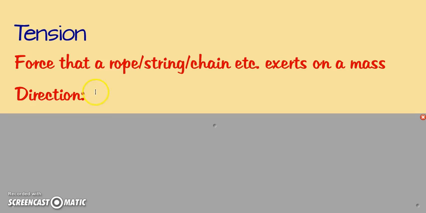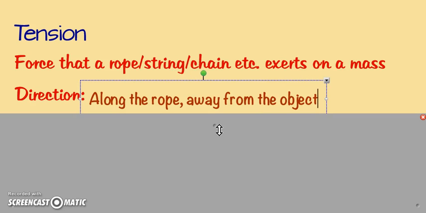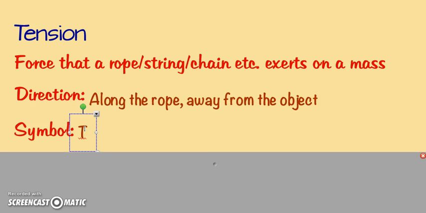The direction of tension is always along the rope or string or chain or anything like that, pointed away from the object. As far as the symbol goes for tension we'll just use a capital T. Again, some resources or textbooks may use a capital F with a subscript of a capital T.